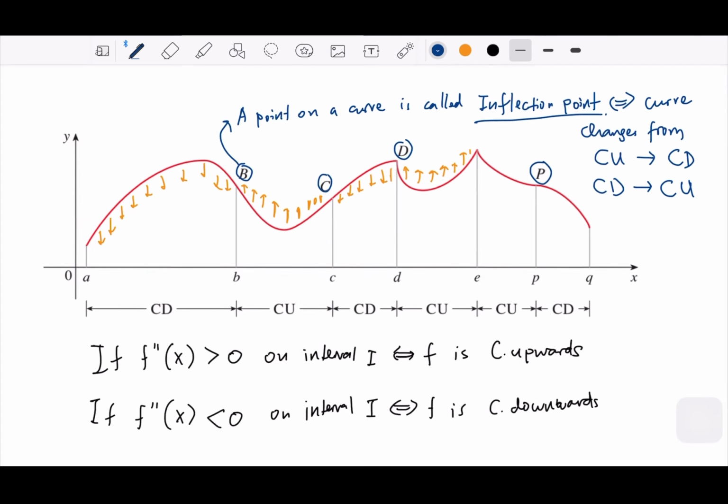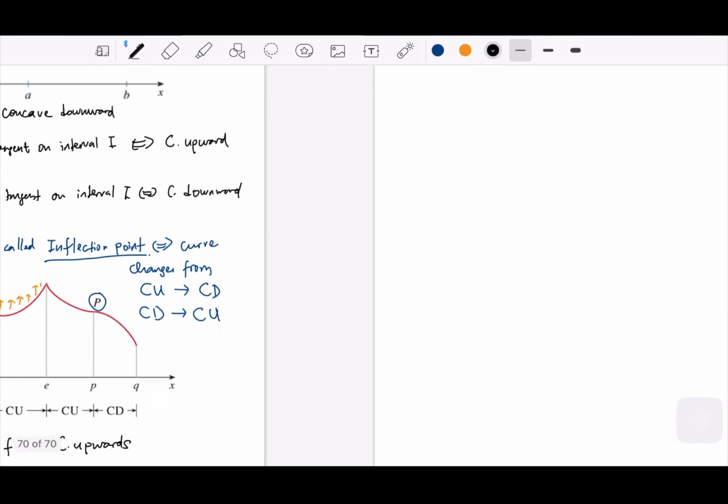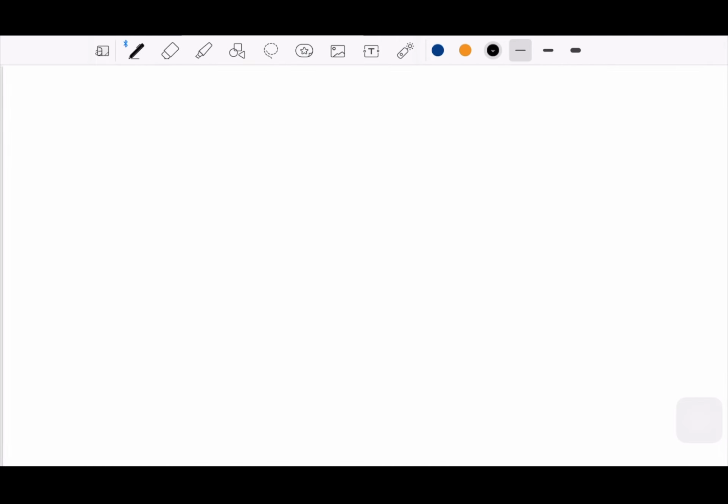Okay. Now, the relations between the second derivative and the curve itself, if we can write it down here. So suppose the second derivative is continuous near some point c.